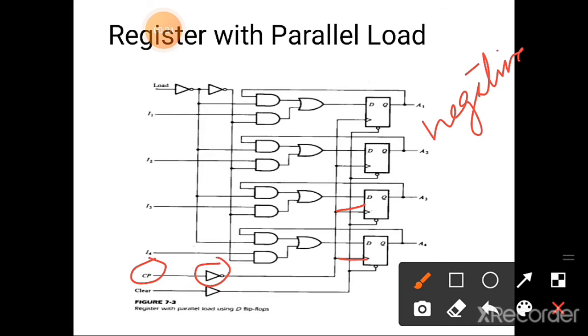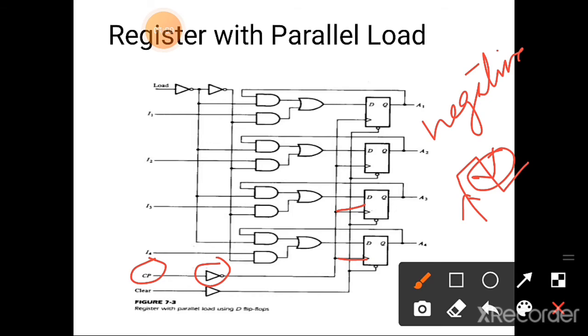If this inverter is not given, then all flip-flops are triggered on the positive edge. But here there is an inverter, so the flip-flops are triggered during the negative clock pulse. And the purpose of this inverter is to reduce the loading of the master clock generator.